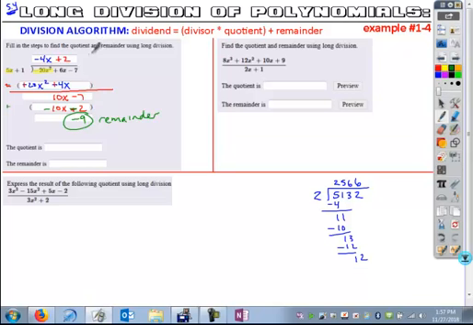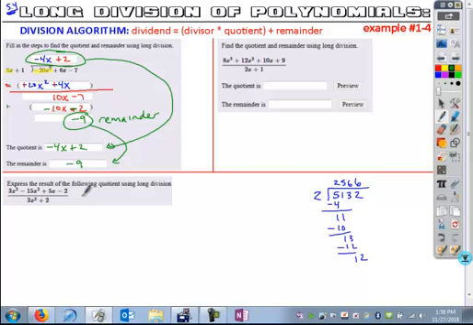Okay? And so the way that you would enter your remainder is, again, one of two ways. Okay? You can either, if it specifically asks you for the quotient and the remainder, this is the quotient. So you would enter your answer negative 4x plus 2. This is the remainder, minus 9. But you might also be asked to write it in the form like it asks for down here.